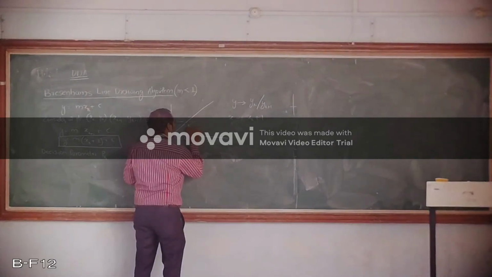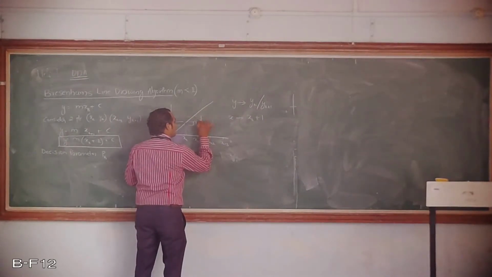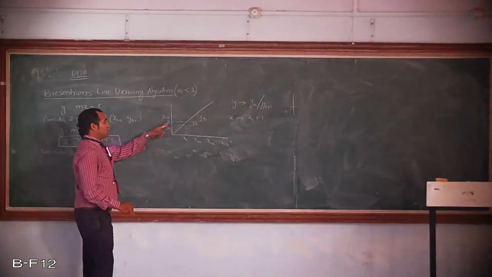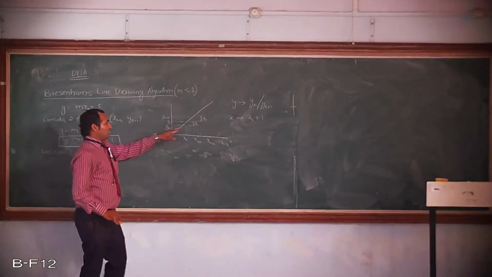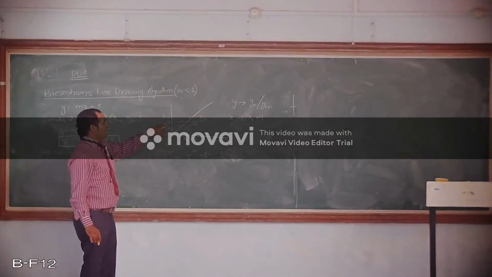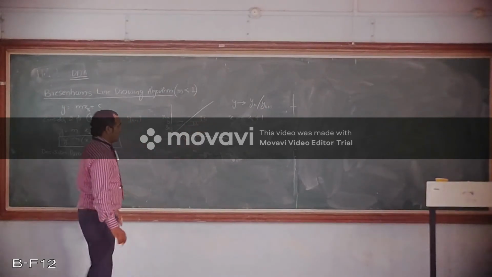Let me denote the distances as d1 and d2. The distance from y to yk is taken as d1, and the distance from yk plus 1 to y is taken as d2.